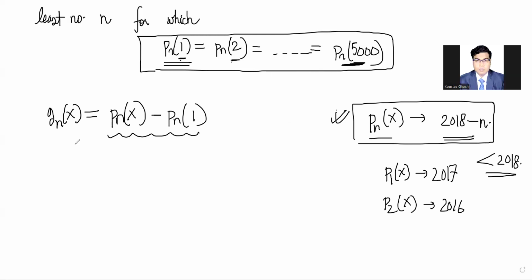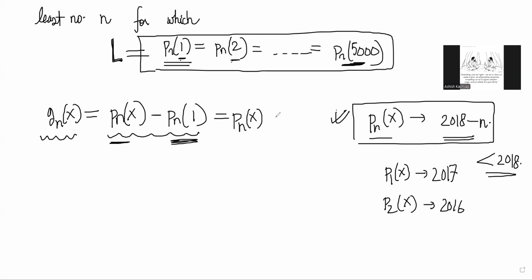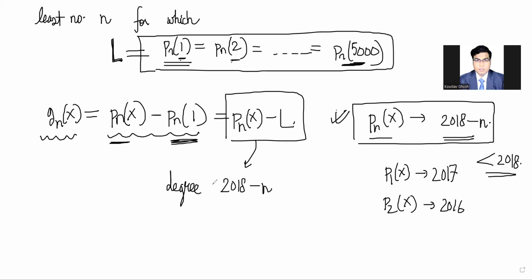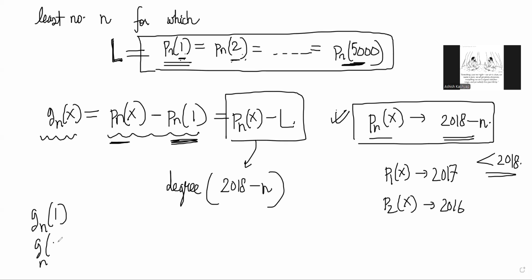So if you call a new polynomial Pn of x minus this common value, let's call this value L, this new polynomial is basically Pn of x minus L, a polynomial of degree 2018 minus n, right? And actually, this polynomial is equal to 0 for 5000 values, 1, 2, till 5000. Gn of 1 is equal to Gn of 2 is equal to Gn of 5000, and all of them are equal to 0, right?